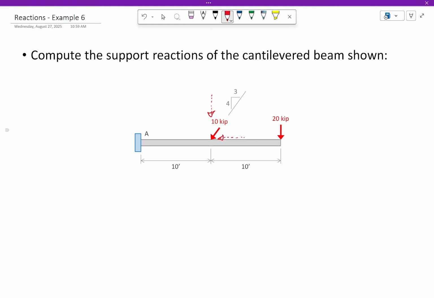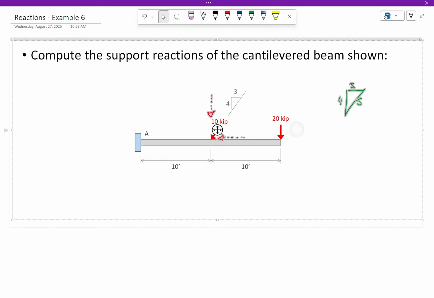So first off, what is the Y component going to be? Let's be clear, this is a 3, 4, 5. It's not a roller, this is just the load. Let me put it this way.